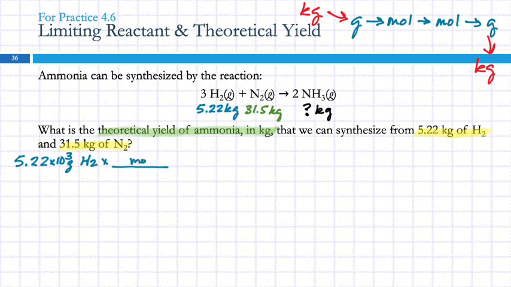I'm going to go to moles of hydrogen. And I'm trying to find out about the ammonia at the end. So I'm going to go to moles of NH3. And then I'm going to go to grams of NH3. And then what do I have to add on at the end there?